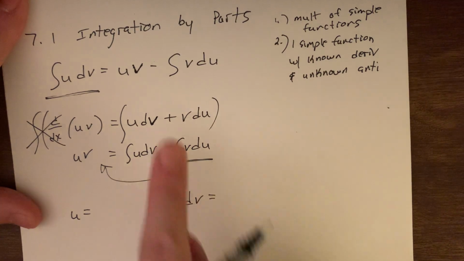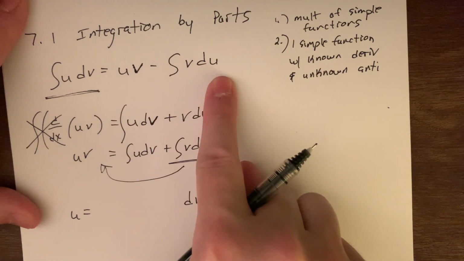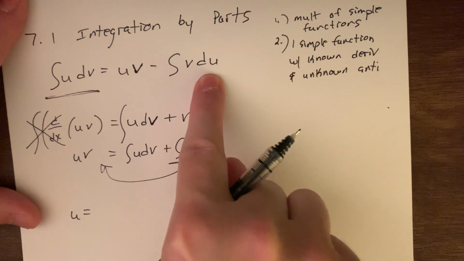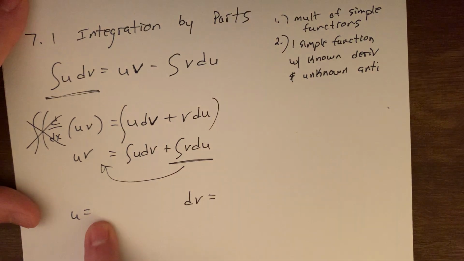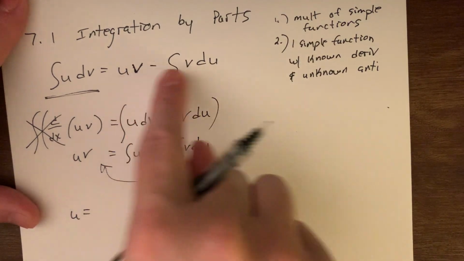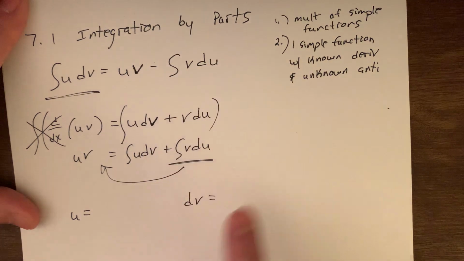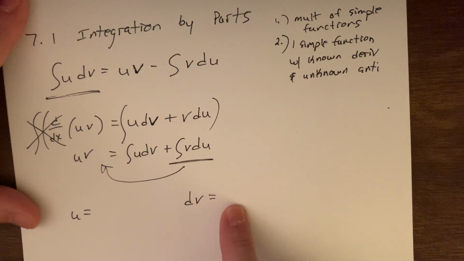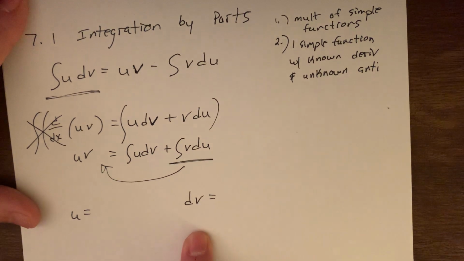Okay? When we go to continue using that formula, notice we'll need a du, so after we assign u, we will take the derivative of u, and that'll be our du. We'll also need the plain original v. Well, we have the derivative of v, so we'll take the antiderivative to get back to plain v.